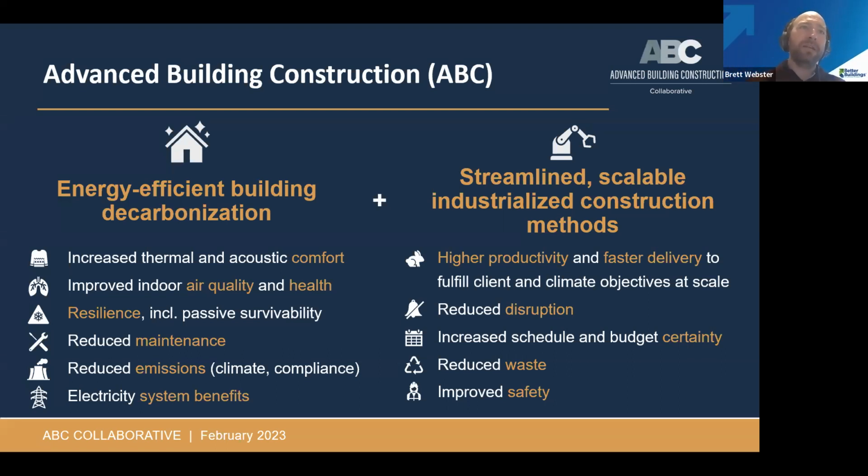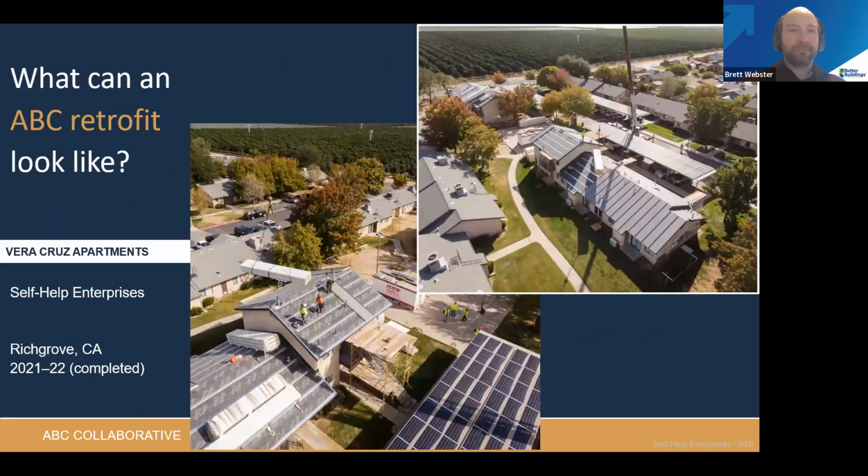Rocky Mountain Institute leads an industry collaborative that is focused on catalyzing the market for high performance and industrialized construction practices that have the potential to scale decarbonization efforts to levels consistent with our climate goals. So we think of advanced building construction as the pairing of these high performance outcomes with an industrialized delivery method. Next slide, please.